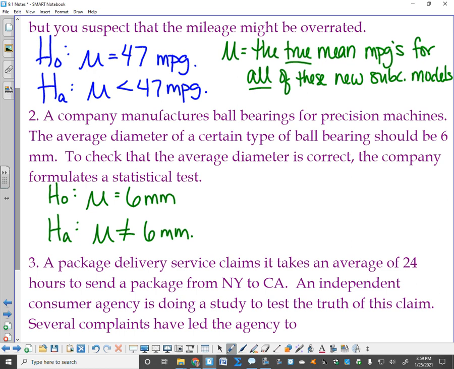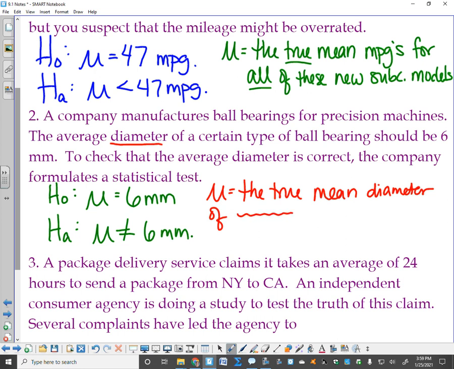Okay. Now I have to define my parameter. The true, and this is a mean. Mean what? Mean diameter of a certain type of ball bearing.